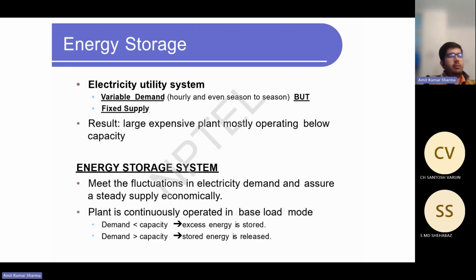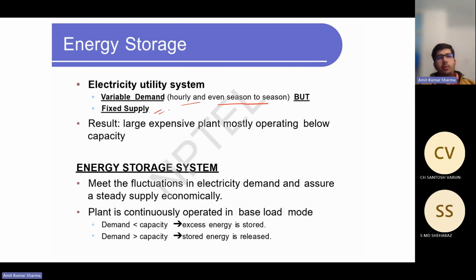Energy storage systems. So we have an electricity utility system. We have variable demand, hourly and even season to season, but fixed supply.